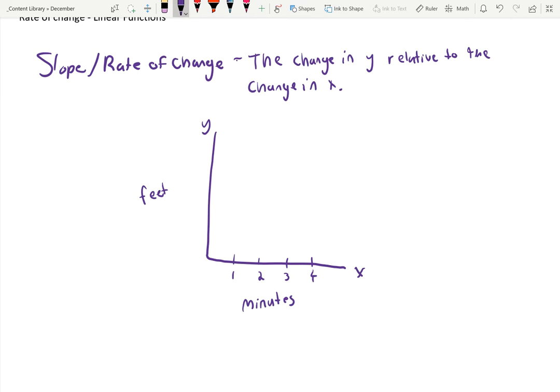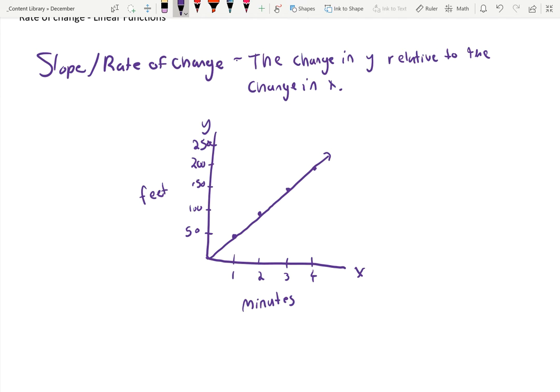And then we'll go by 50 here: 50, 100, 150, 200, 250. Okay. So let's say in 1 minute they've walked 50 feet. In the second minute, they've gone 100 feet. In the third minute, they've gone 150. In the fourth minute, they've gone 200. Okay? So we have this line.